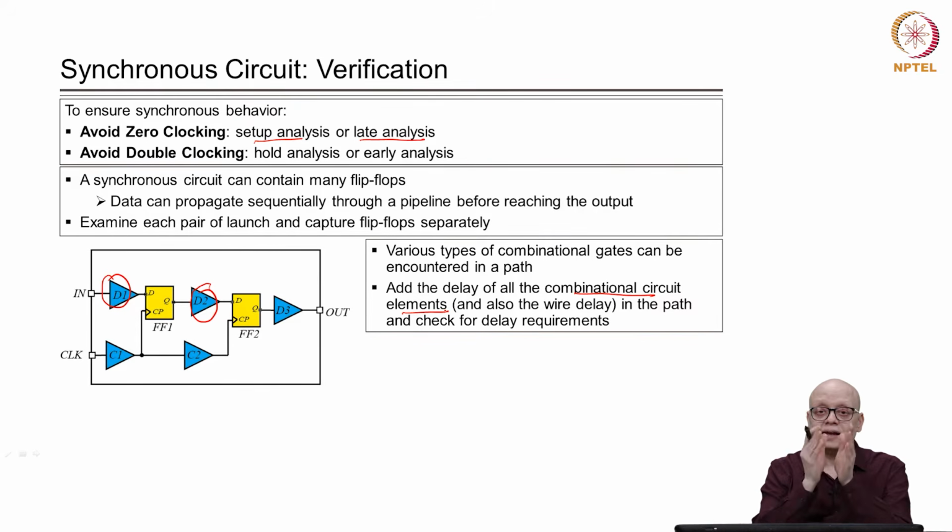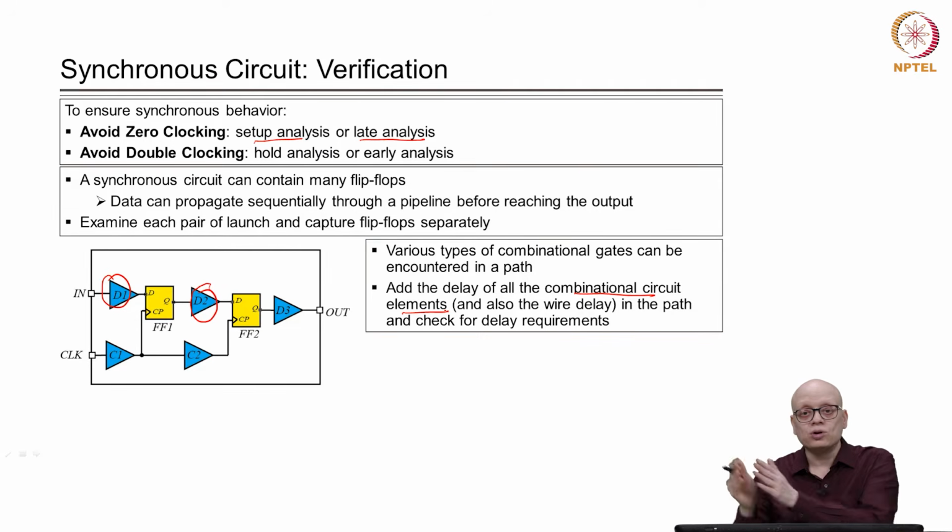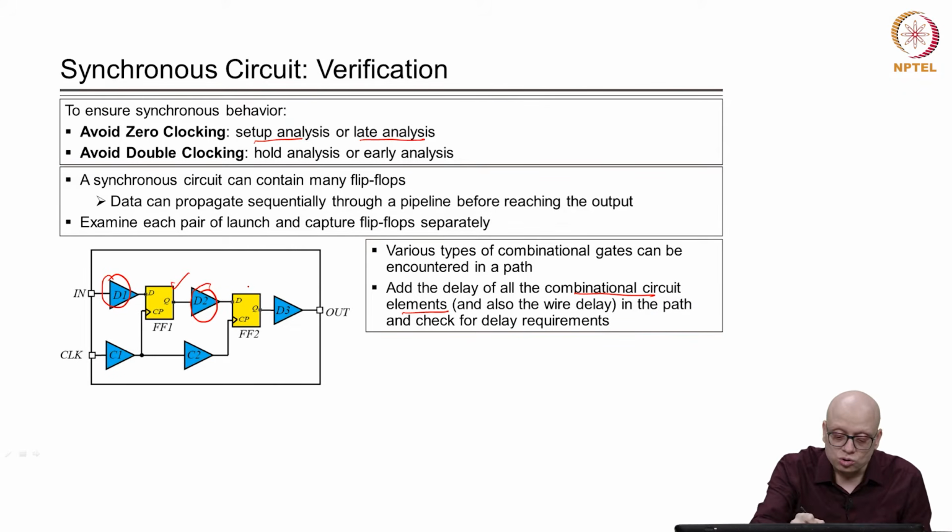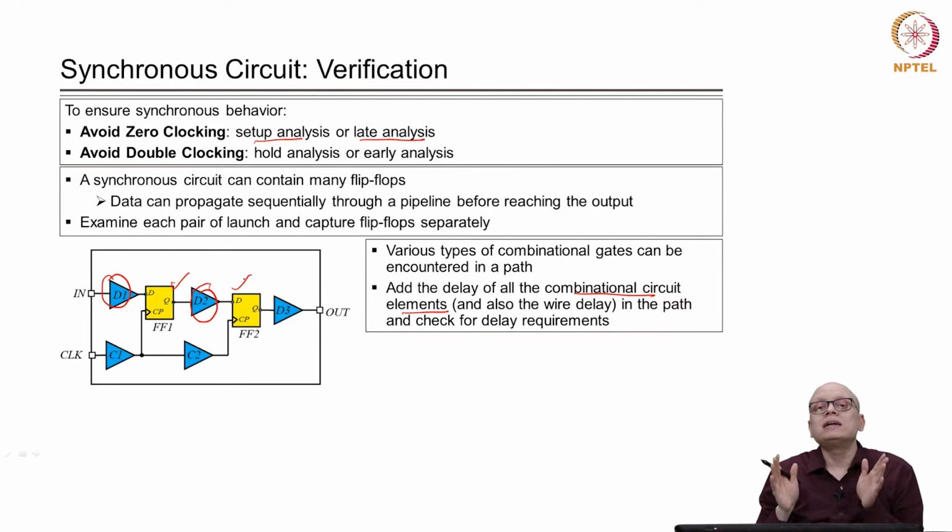For example, if there was an AND gate followed by a NAND gate and so on, then it will add together the delay of all the circuit elements encountered from say Q to D, and based on that it will ensure that the delay between Q and D is such that the synchronicity of the design is maintained, right.